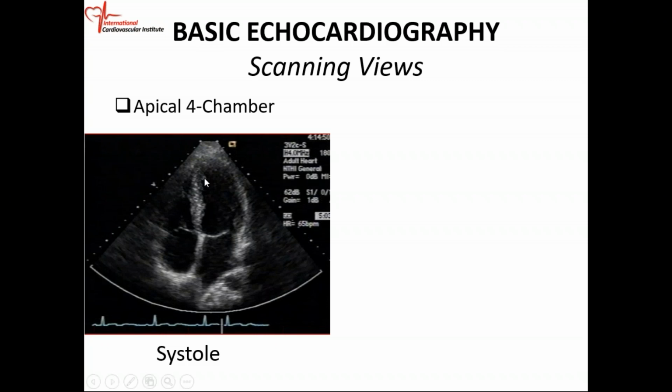And this is the image you want to obtain. This is your apical 4-chamber. The heart has to stand vertically straight up. If the heart is tilted, you're not in the correct position, and we do not accept images like that. So the heart has to stand vertically upright like this. Apical 4-chamber view: the transducer is positioned in the 4th or 5th intercostal space, mid-clavicular line, and the marker is at the 4 or 5 o'clock position.